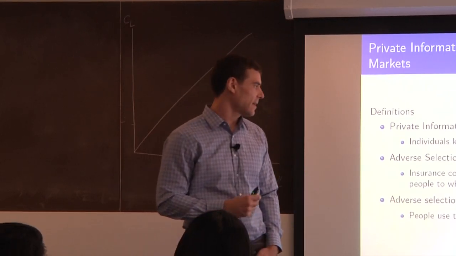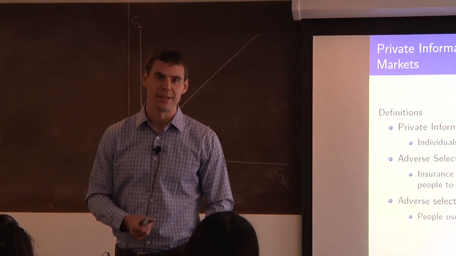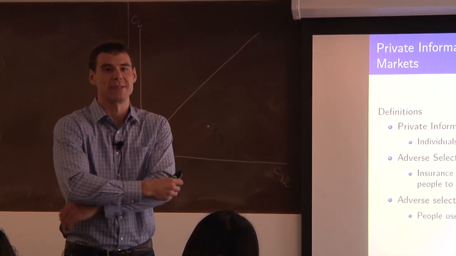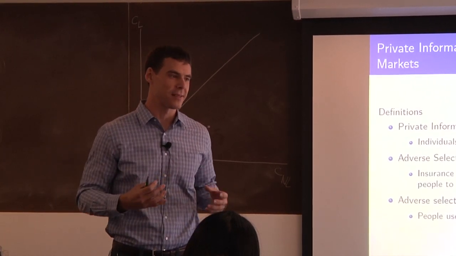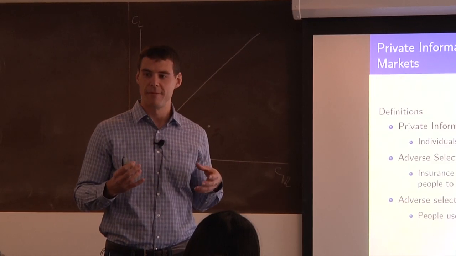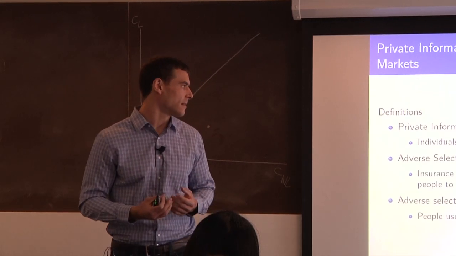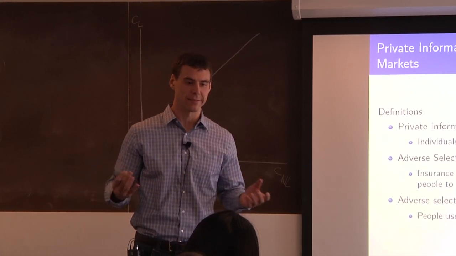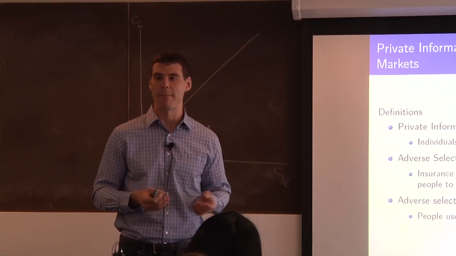Okay, so the second definition that I want to make sure is clear with everybody is the definition of adverse selection. Adverse selection is a phenomenon that's referred to as a characteristic of an insurance contract. We say an insurance contract is adversely selected if it attracts a non-representative set of the population.